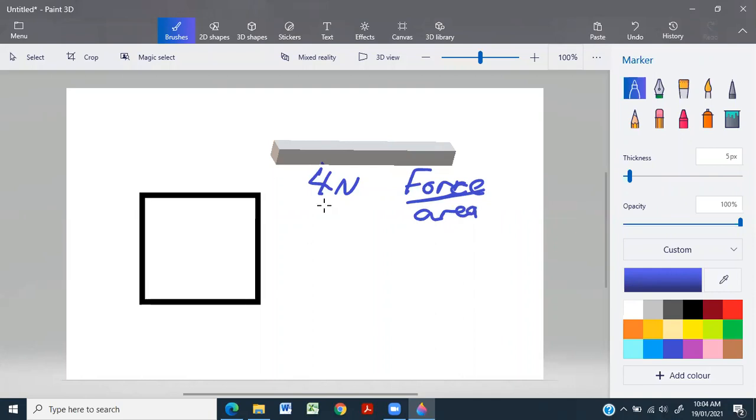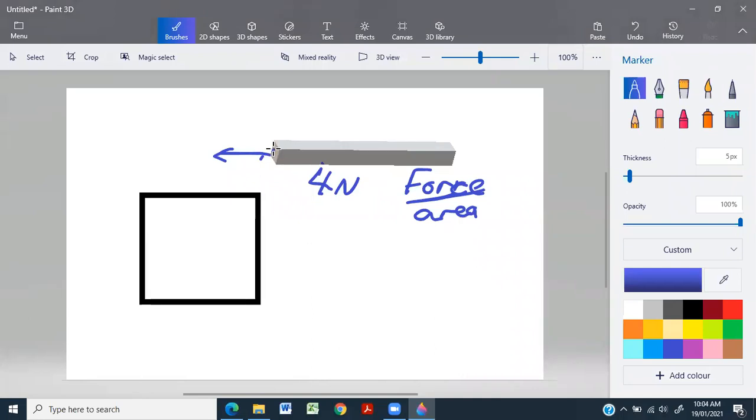Let's say we were to take this first section here. Let's say there was a force being applied to this bar. A tensile force, a pulling force being applied to the bar. Let's look more closely at this surface, right?